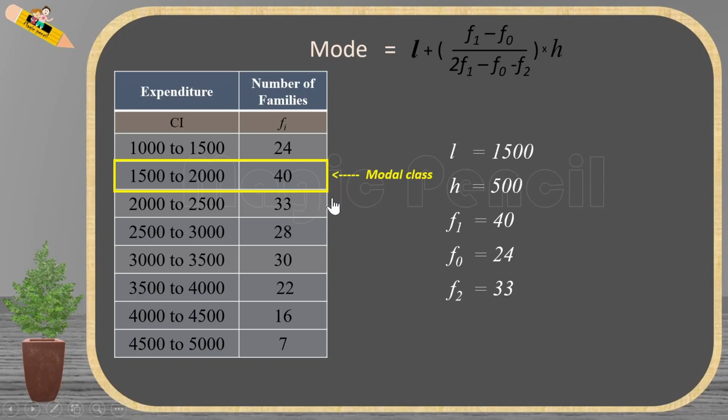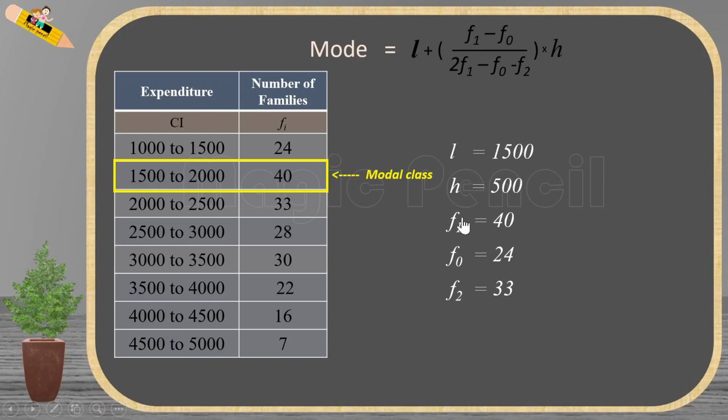Once you identify the modal class successfully, your duty is to identify the values of L, F1, F0, F2 and h. L is the lower boundary of the modal class, so that is 1500, and h is the height of the class. If you subtract 1500 from 2000, you will get 500. From any class interval you can calculate the height of the class.